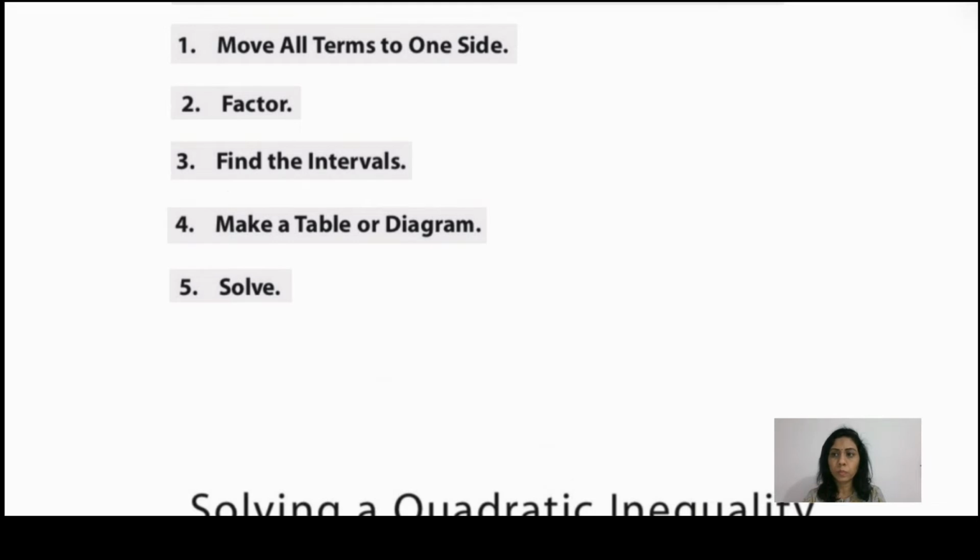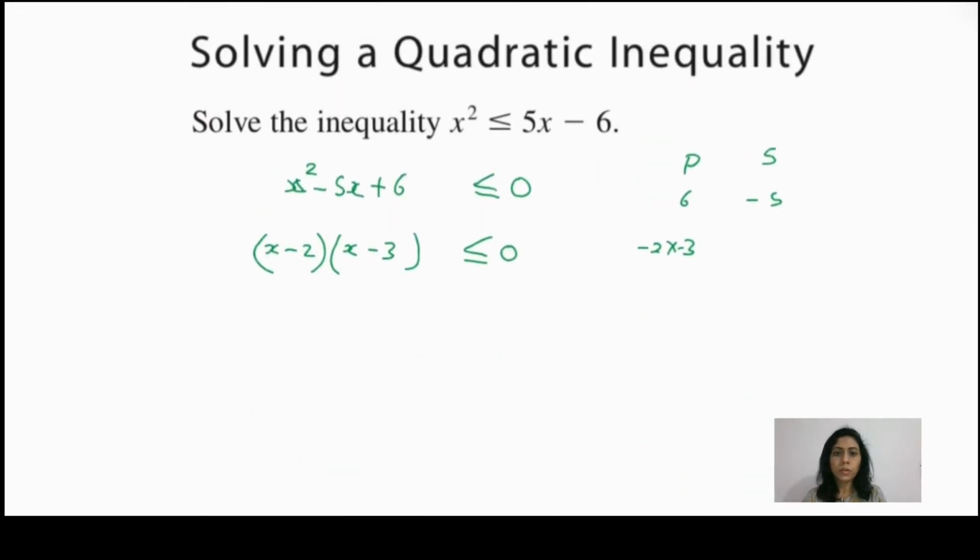Find the intervals. So here we can find intervals. So here x value 2, that time this is 0. So this is 2. And here we can fill the circle because here is the equal to sign. Okay, this is 3.